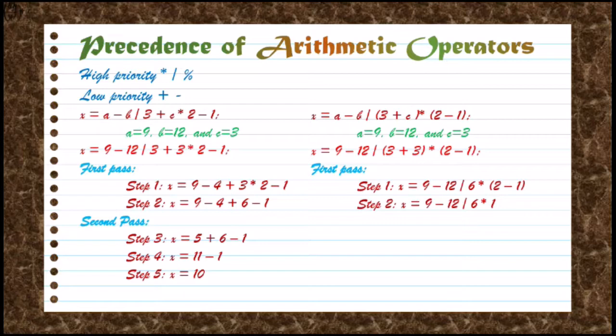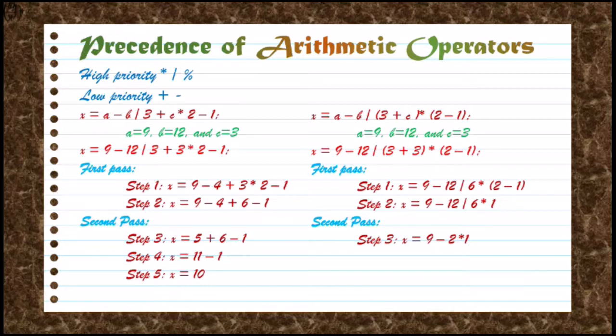Now we have solved the parentheses. Now calculate the division and multiplication operations from left to right. In pass 2 we will do the division, 12 divided by 6, that is 2.